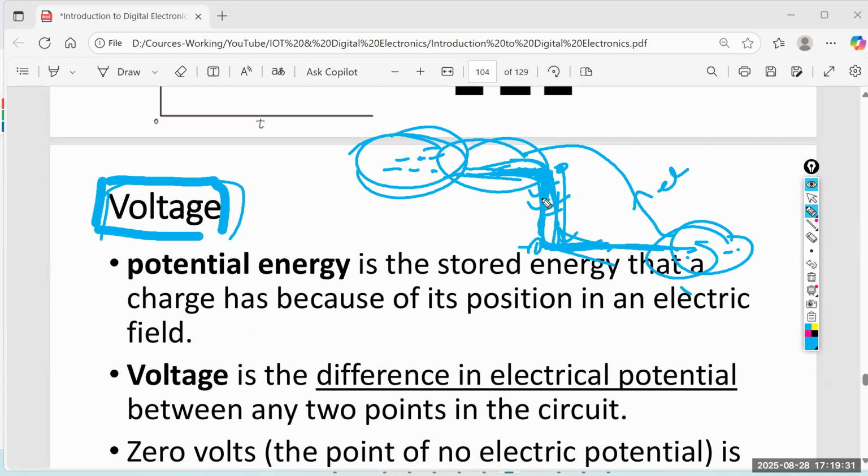But if you connect using copper wire, because copper wire has very low resistance, if you have high voltage you can see a high flow of electrons, so a high flow of electricity. So these three are interconnected: potential energy measured in volts, the flow of electrons or positive charges, which is current, and the resistance of the material you have connected between the two potential differences.